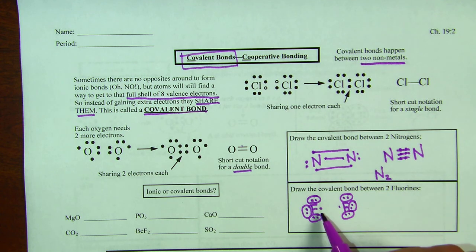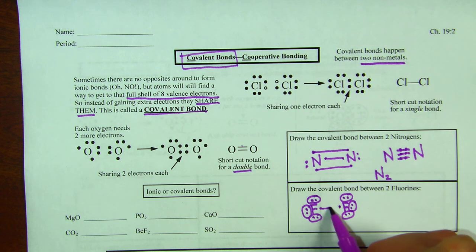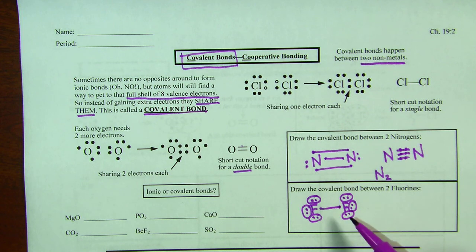This electron over here is looking for a partner, and this electron is also looking for a partner. So they're going to share a single bond together. In doing that, that has satisfied each one of those fluorine atoms' need to have 8 valence electrons. We have 2, 4, 6, 7, and 8 for this fluorine atom, and 2, 4, 6, 7, and 8 for this fluorine atom.